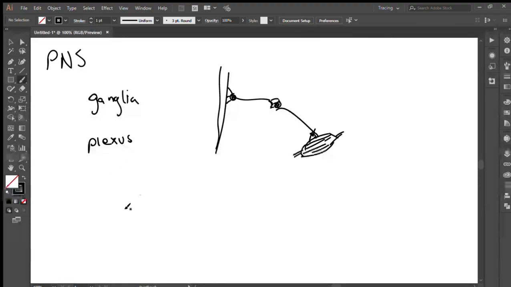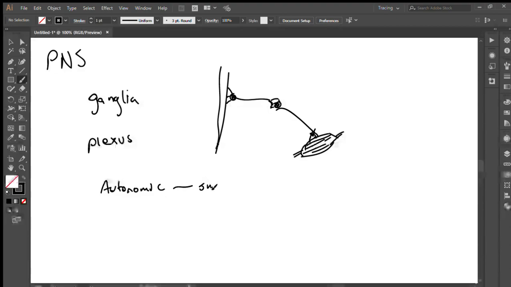Okay, there are three parts of the PNS. It's the autonomic nervous system. If you listen to that, autonomic sounds like automatic. Basically, it controls all the muscles and glands that aren't under your conscious control.